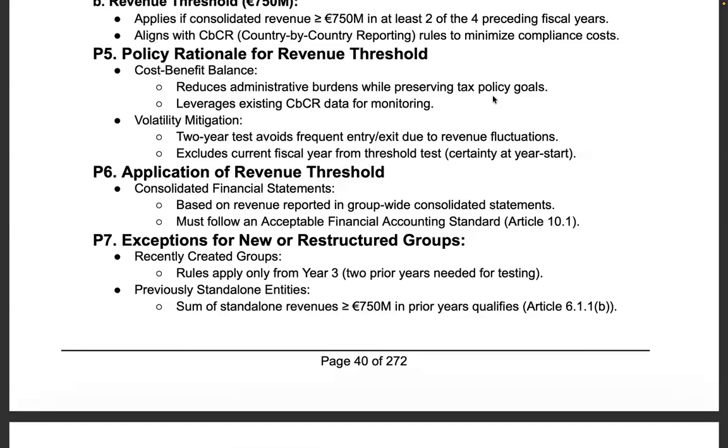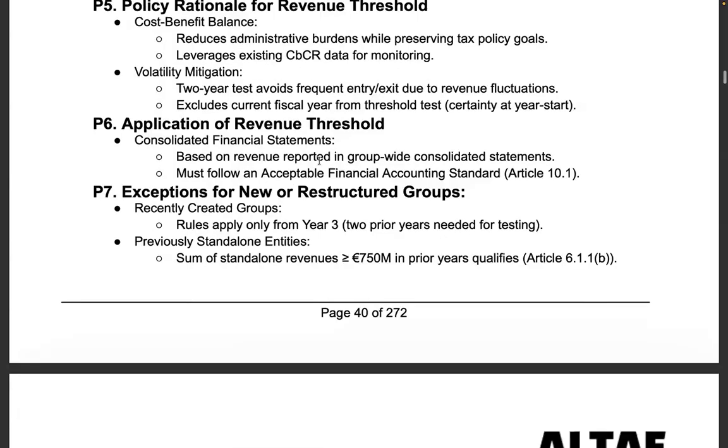Now, paragraph 6 talks about application of revenue threshold: consolidated financial statements, based on revenue reported in group-wide consolidated statements. Naturally, all the revenue is reported on group-wide consolidated statements, and it follows IFRS, must follow an applicable financial accounting standard. So it's an interesting expression.